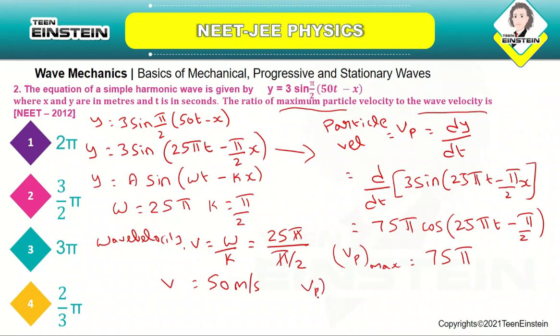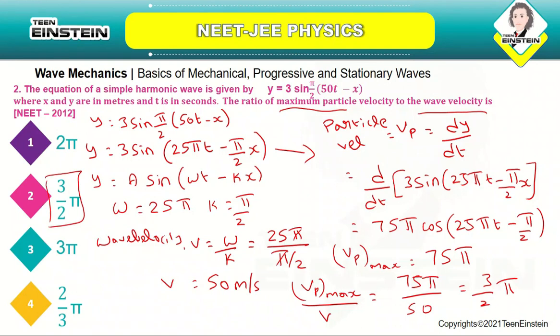So Vp max by V is equal to 75 pi by 50. So this will be 3 by 2 pi. So the correct answer is option number 2.